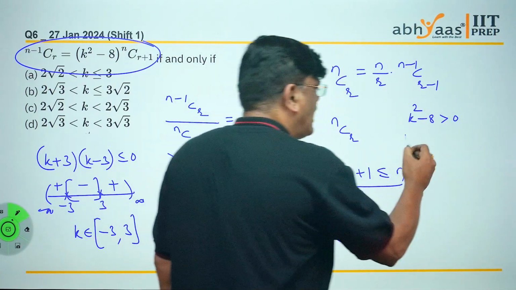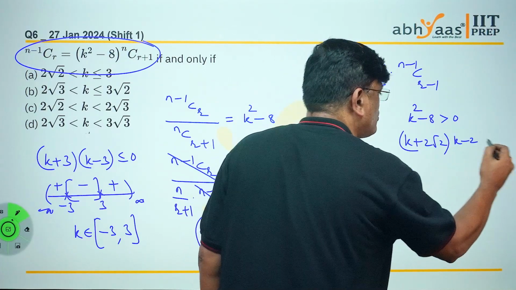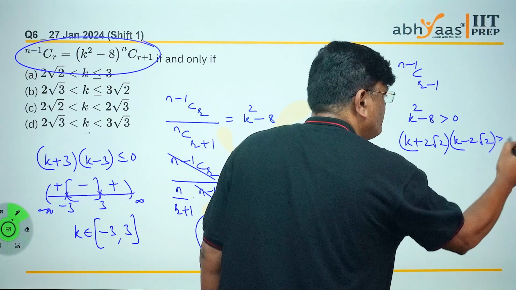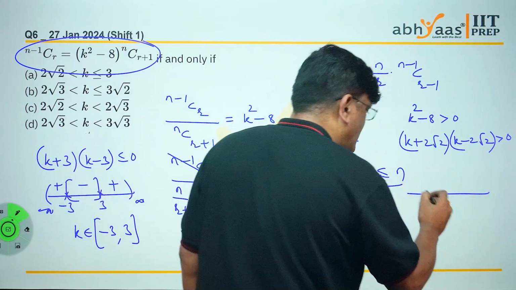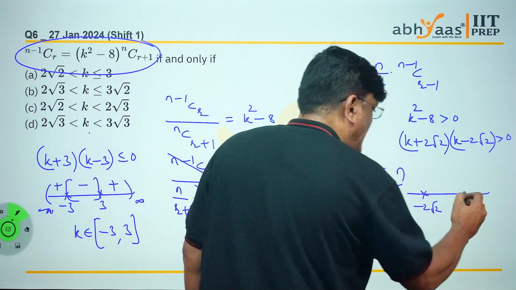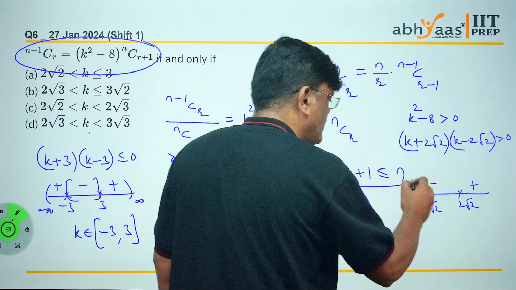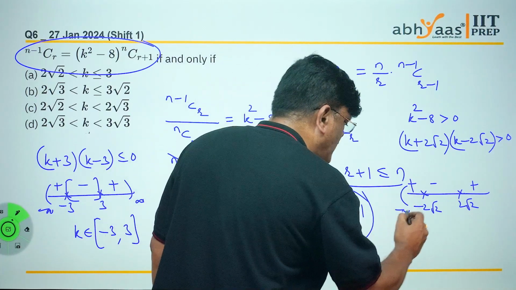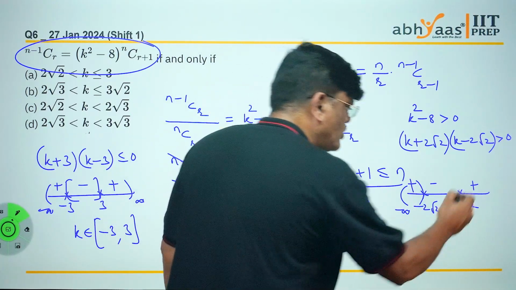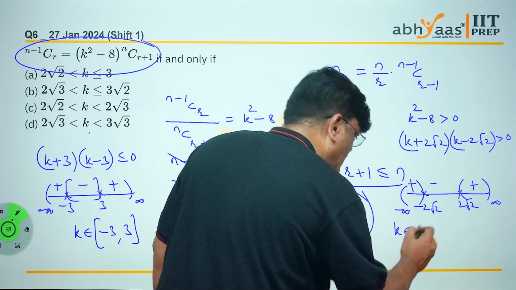Here also we can factorize: K plus 2 root 2 into K minus 2 root 2 is greater than 0. By the wavy curve method, we get minus 2 root 2 and 2 root 2, with signs plus, minus, plus. Greater than 0 means positive, so the regions are minus infinity to minus 2 root 2 and open interval 2 root 2 to infinity.